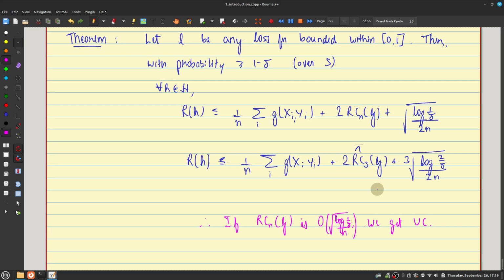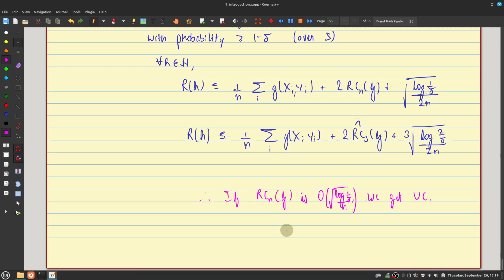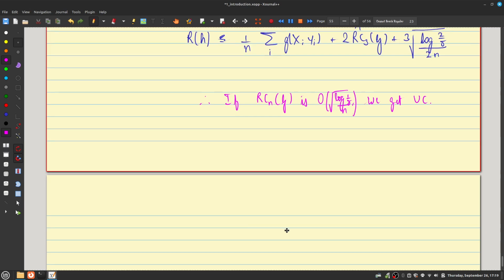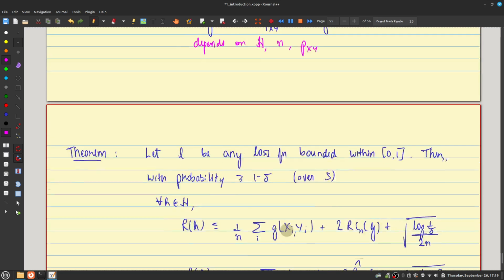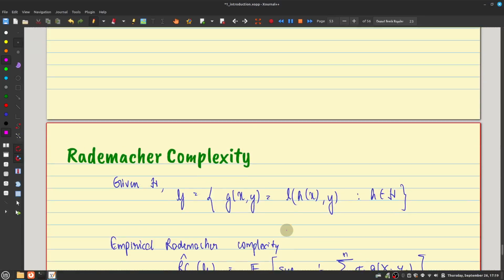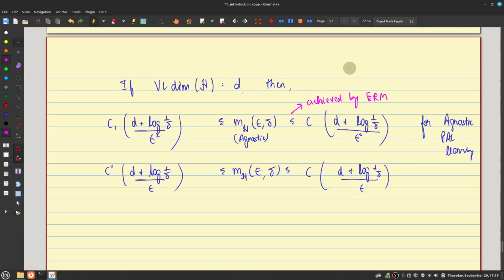Suppose that this holds. As long as our complexity is decaying, we could make sure that the empirical error is small. It could, but also it'll give me something like this.